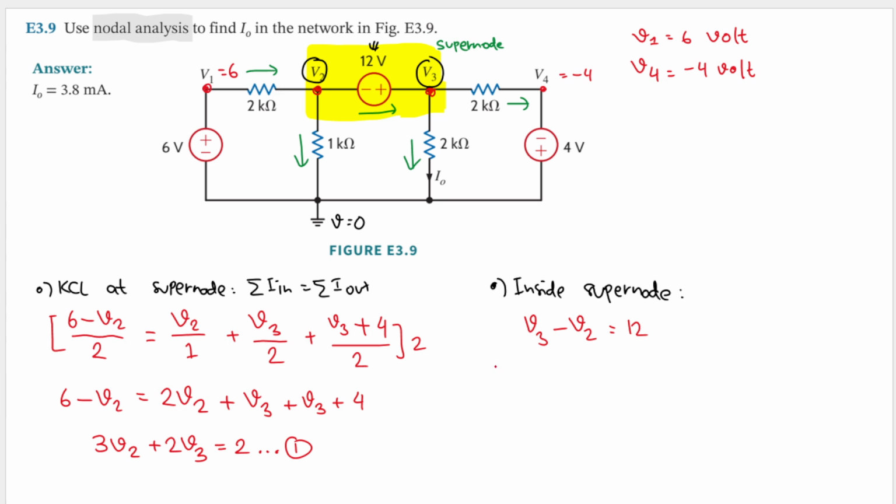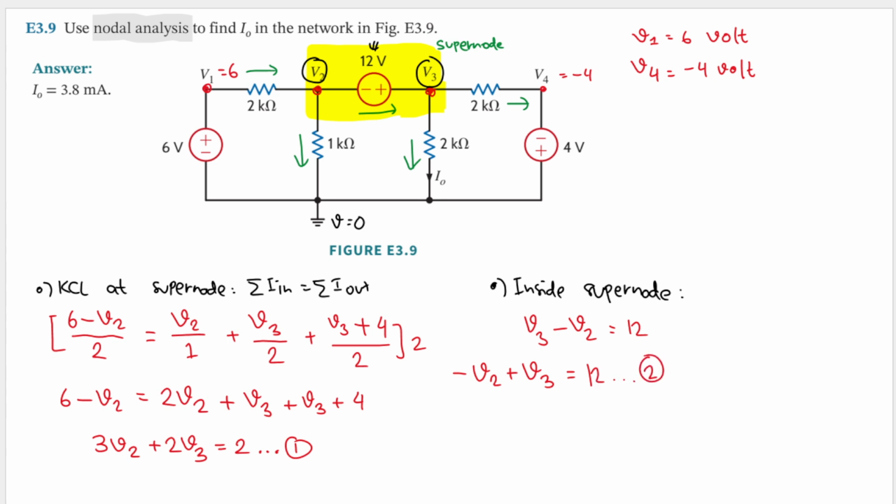Rearranging, we have minus V2 plus V3 equals 12. So we have the second equation.